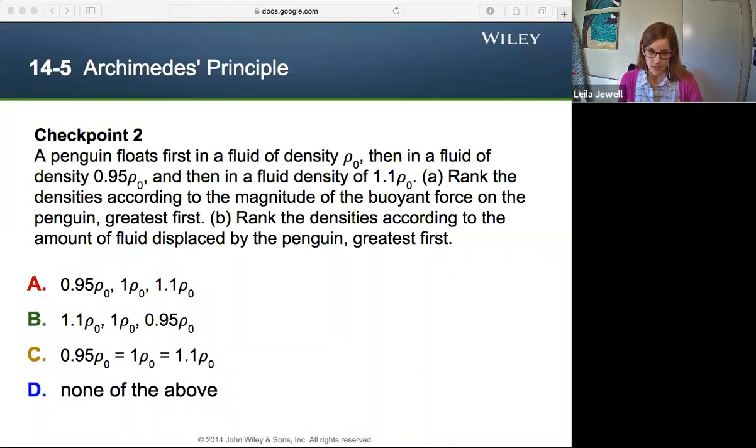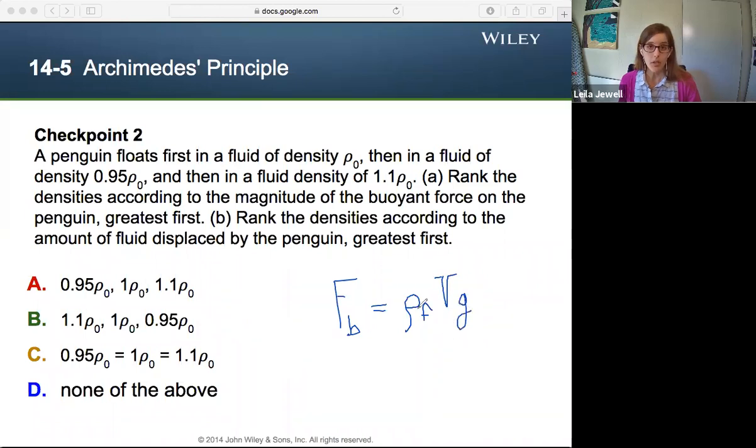So as we look at this, we notice we have three different densities. So we expect something should change here as the fluid has different densities. And one thought is, okay, well, the buoyant force depends on the weight of the displaced fluid, right? We know F sub B is equal to density of the fluid times the volume displaced times g.